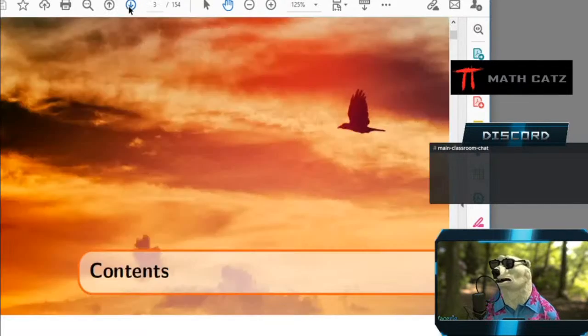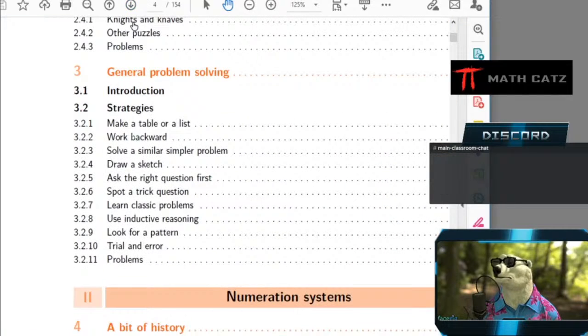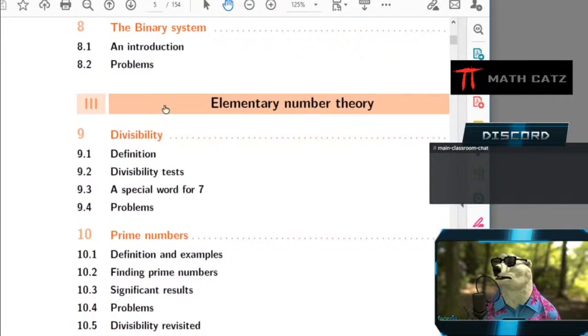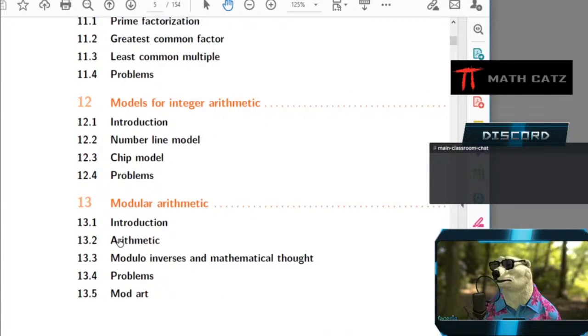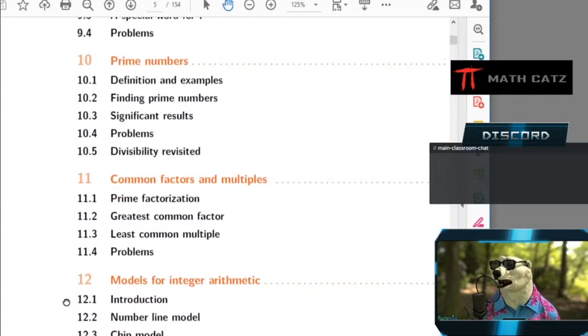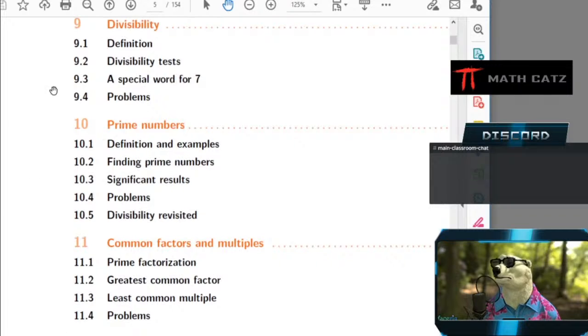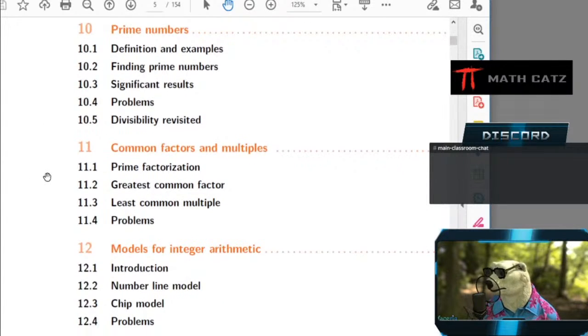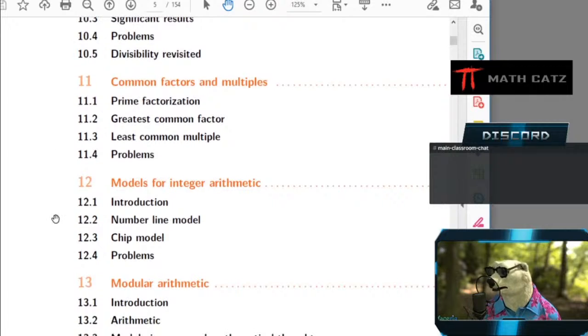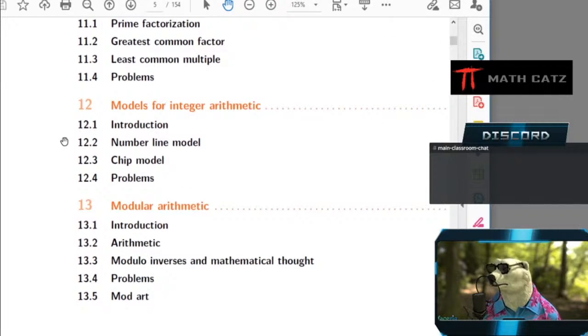Part 3 is divisibility and modular arithmetic, all the way and everything in between. So there are divisibility chapters, prime numbers, factors and multiples, models, number line model and chip model, and modular arithmetic.